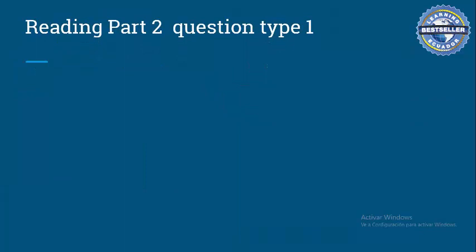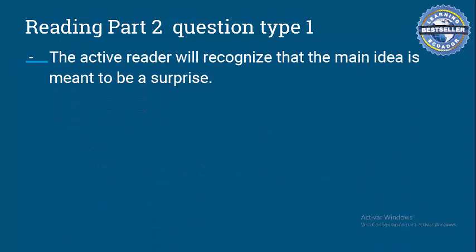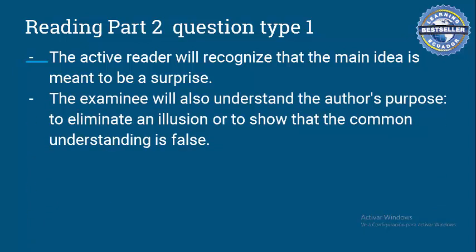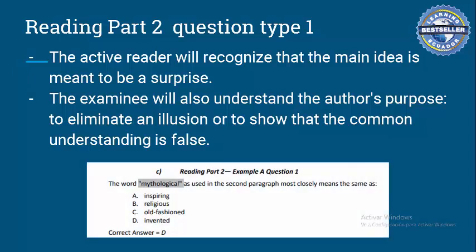Okay, reading Part 2, question type 1. The active reader will recognize that the main idea is meant to be a surprise. The examinee will also understand the author's purpose, to eliminate an illusion or to show that the common understanding is false. And this is the way it looks.